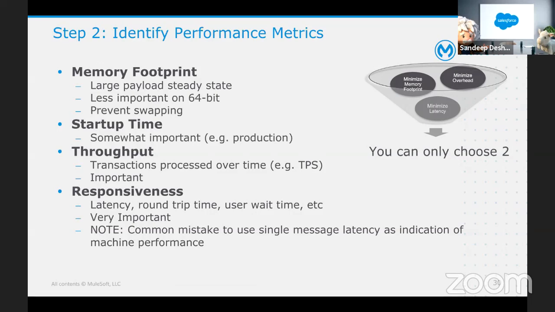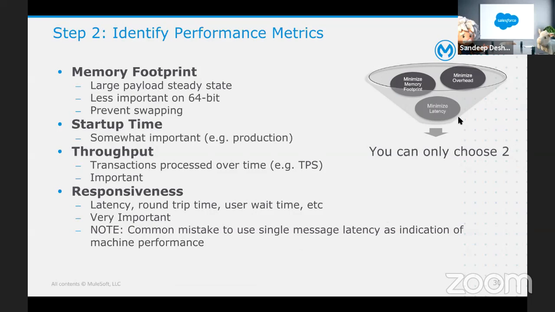We used to ask what is the high TPS that is expected, what is the average, and what is the normal TPS that is acceptable. Usually you would come up with the throughput numbers, what the responsiveness of that particular API is, and the startup time, how much startup time is required. Then memory footprint, how much memory that particular app should occupy, if it's on-prem or on cloud.